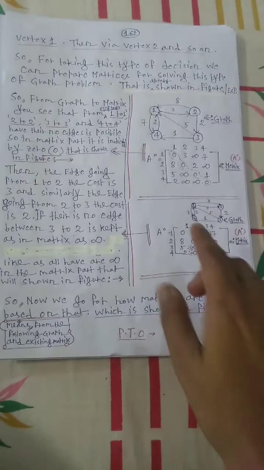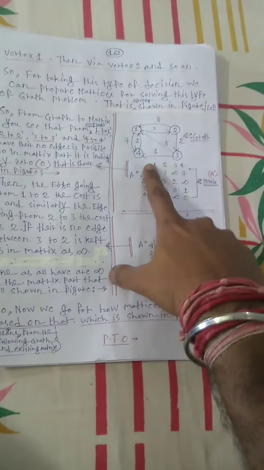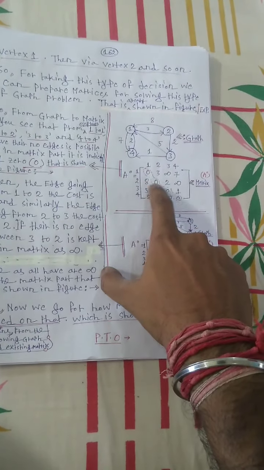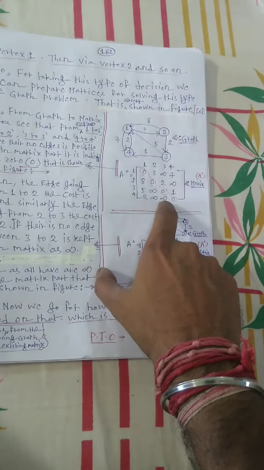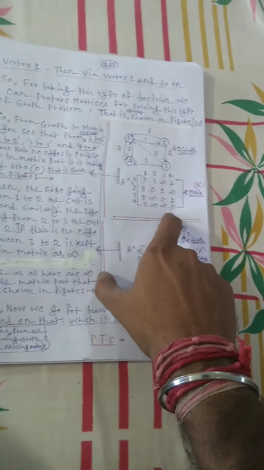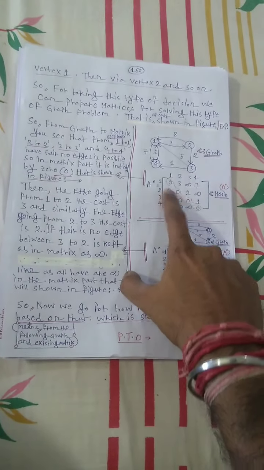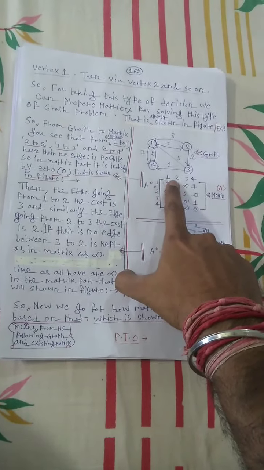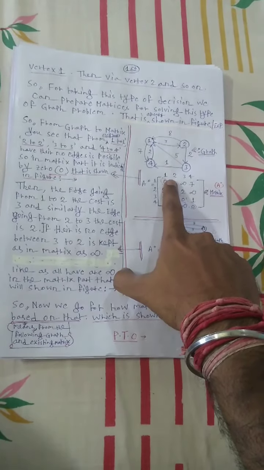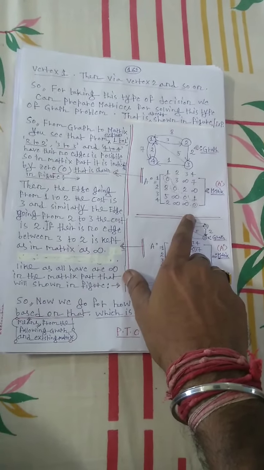They are taken as 0 because they are self loops, as shown in the figure.